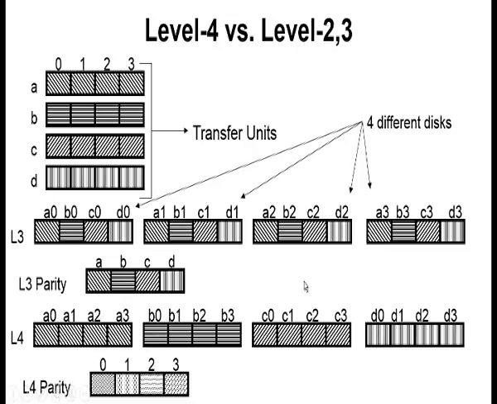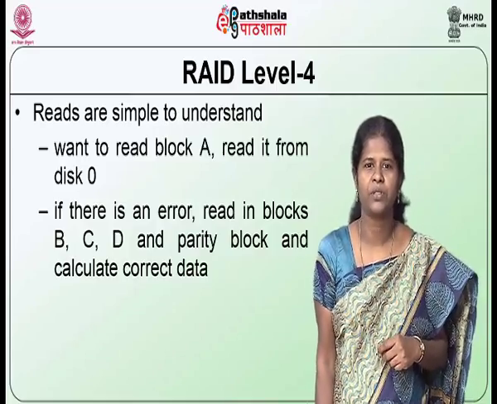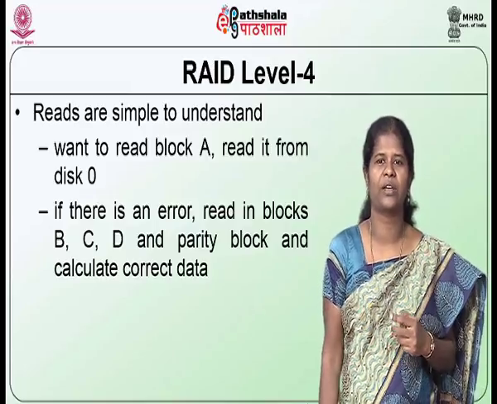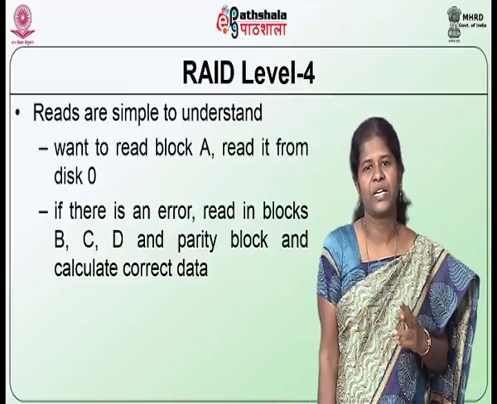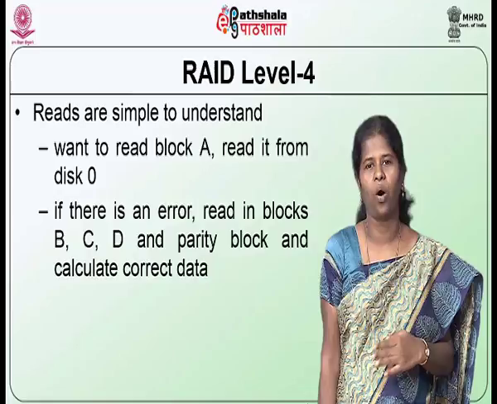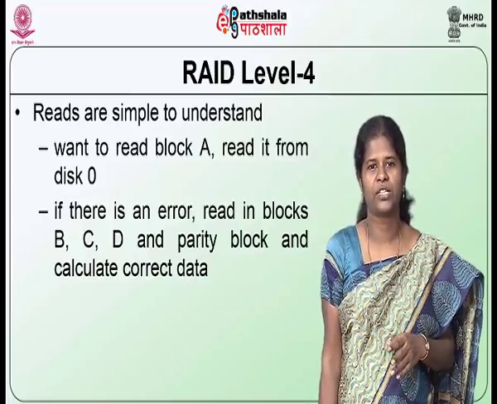So, all these are combined together to calculate the parity. So, while you need to check this particular block, you need to check all the disks to calculate the parity, and for each bit of each block, you need to check all the disks to calculate the parity. So, the reads are simple to understand. If you want to read block A, you can read from disk 0, but if there is an error, you need to read all the blocks and calculate the parity.